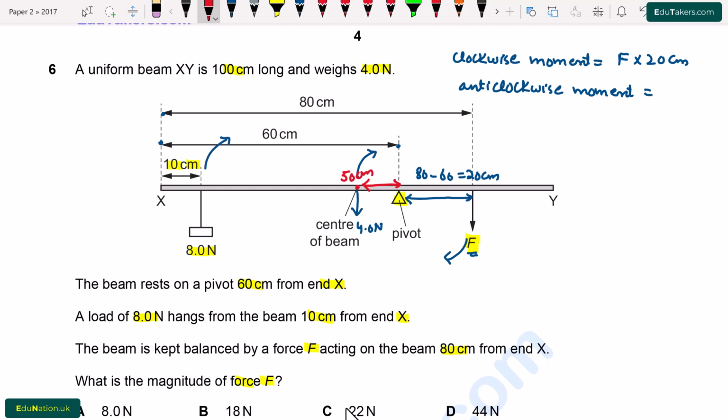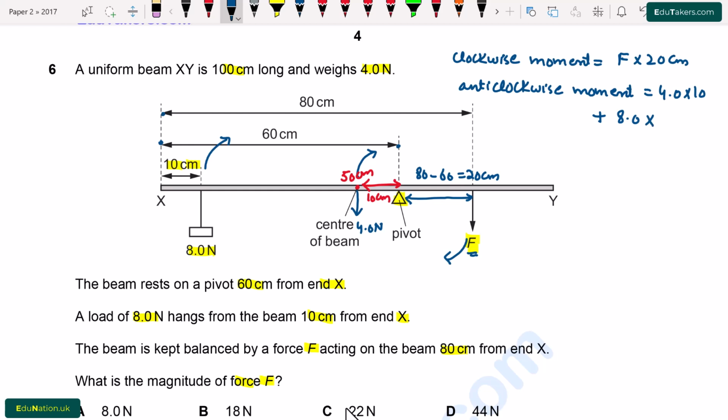The pivot point is 60 cm. So this distance will be equal to 10 cm. So I write here 4.0 multiplied by 10 plus the moment caused by the load. Here the load is 8.0 Newton. So I write here 8.0 multiplied by the perpendicular distance from the pivot point.